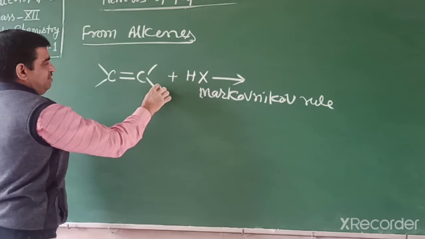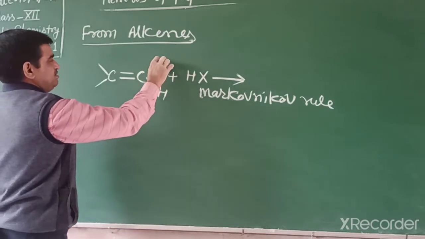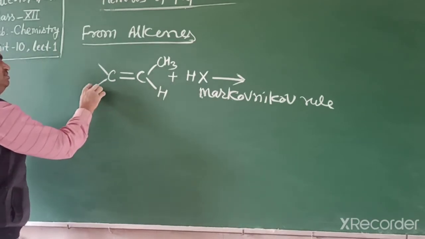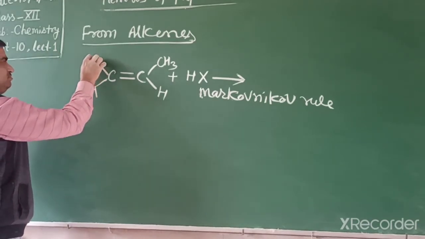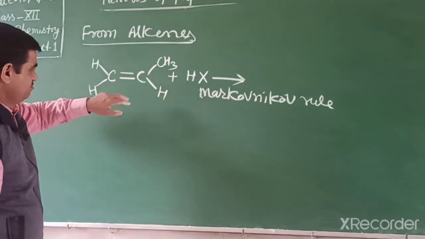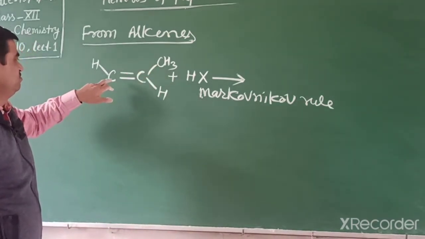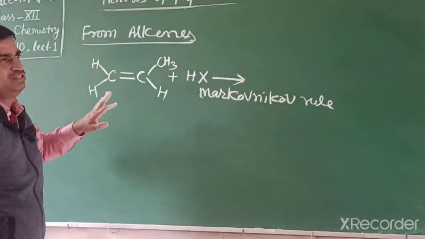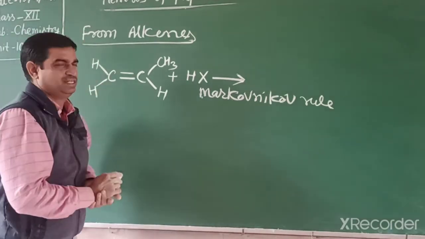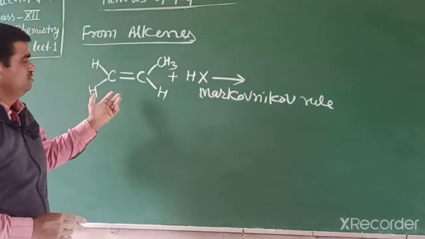For example, if we take a particular example, CH3-CH=CH2. What is the name of this compound? Numbering 1, 2, 3, it is propene. When HX is added on this compound, what type of product do we get?